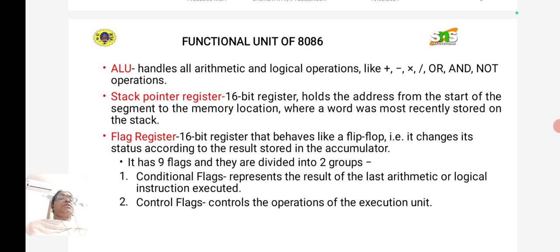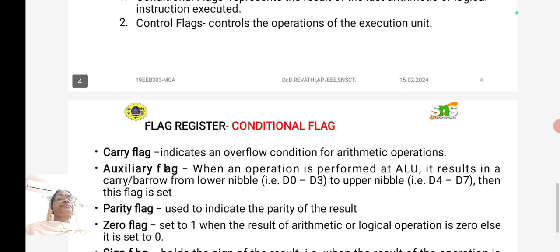The 16-bit register behaves like a flip-flop, changing its status according to the result stored in the accumulator. It has 9 flags, divided into two groups: conditional flags and control flags. Conditional flags represent the result of the last arithmetic or logical instruction executed. Control flags control the operation of the execution unit.